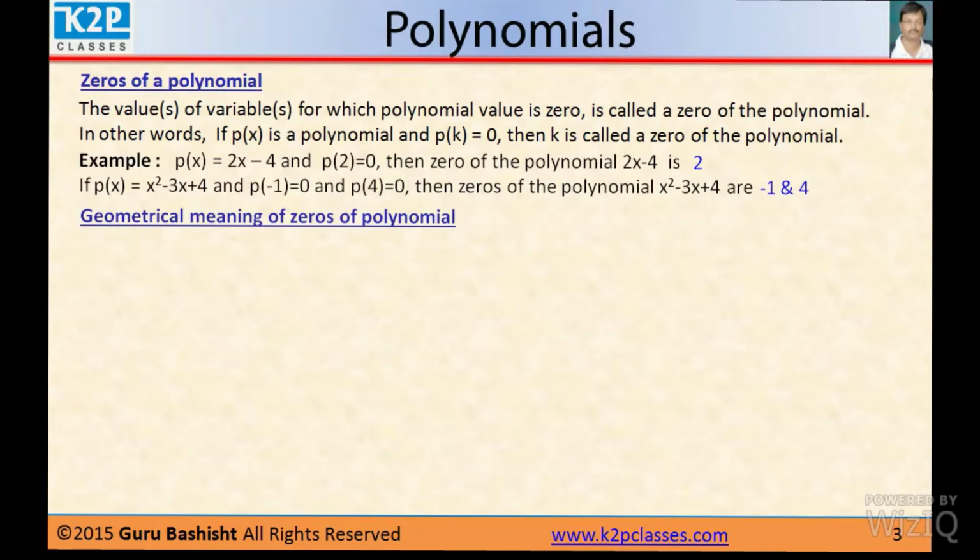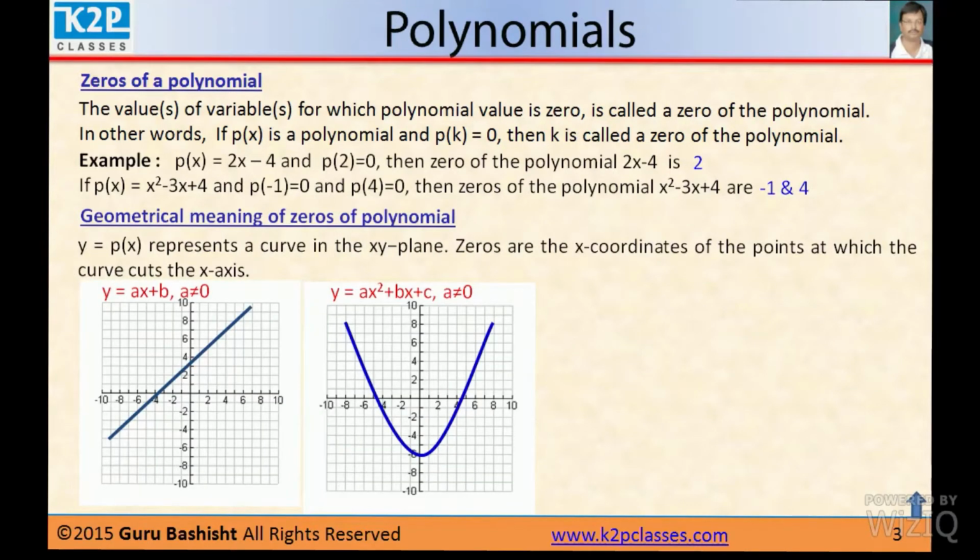The geometric meaning of zeros of polynomial. Let us see here. This is the graph of y equal to x plus b type of equation. This is the linear equation, and the linear equation always represents a straight line.